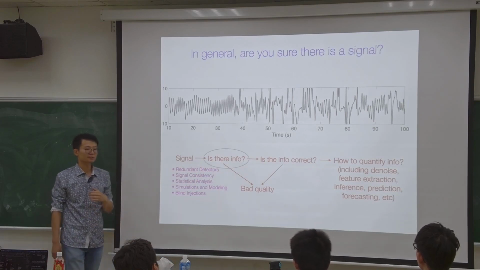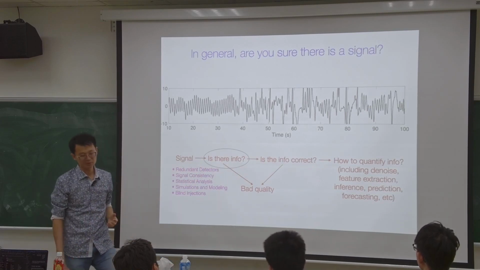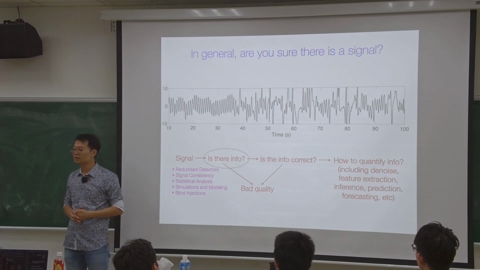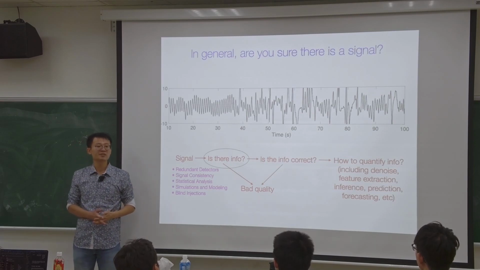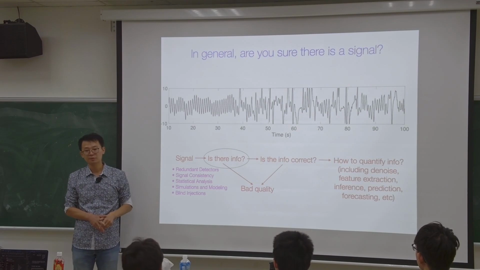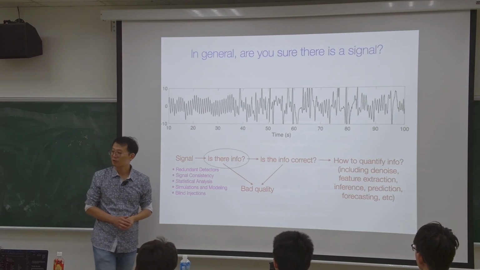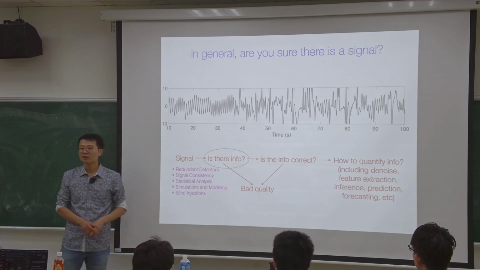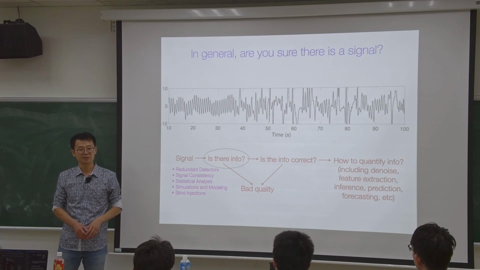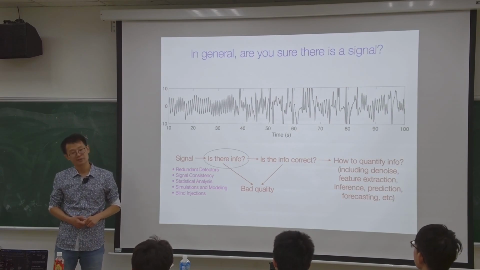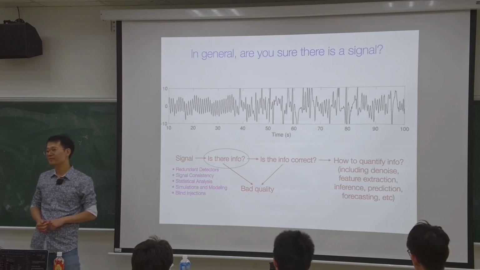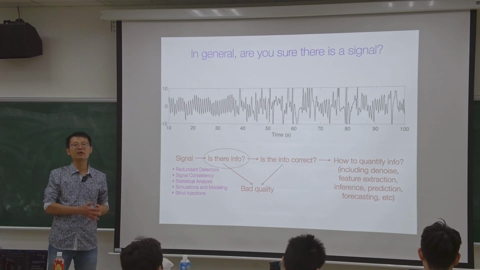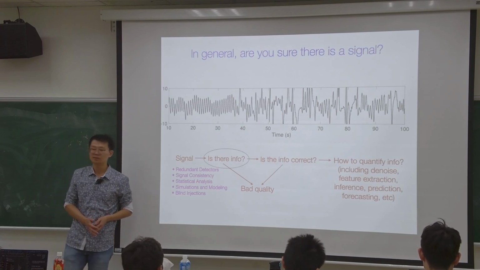Okay, and if you may recall, back in 2017, the Nobel Physics Prize was awarded to researchers who found gravity waves. I didn't have a gravity wave signal here, but I can guarantee you it looks like noise, just noise. But how were they so sure that there exists a gravity wave so that they could even do analysis?